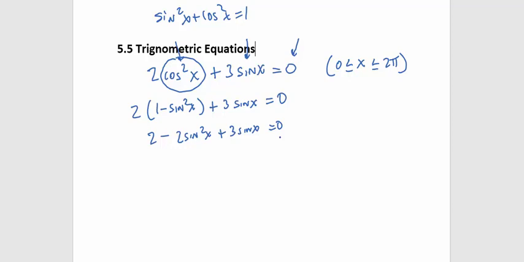Now let's get this organized correctly here. So it'd be negative 2 sine squared of x plus 3 sine of x plus 2 is equal to 0. Now that's set up so I can factor it. So one of these I'm going to want to have a negative 2.